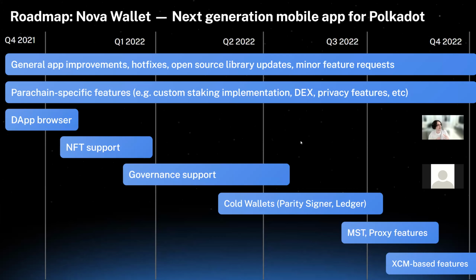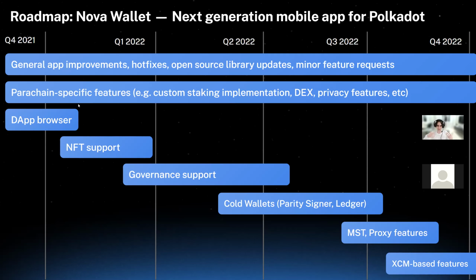So, for example, such features like selecting the fiat currency, so that users will see their fiat value not only in USD, but in other fiat values. We are planning to support also, of course, hotfixes, open source library updates, and minor feature requests. So all of this would be the constant support which we provide for the No Wallet.